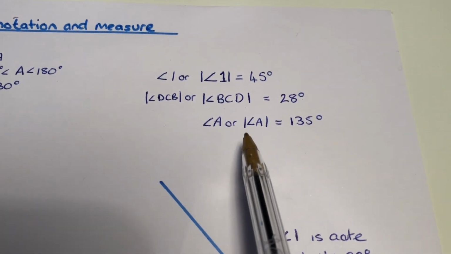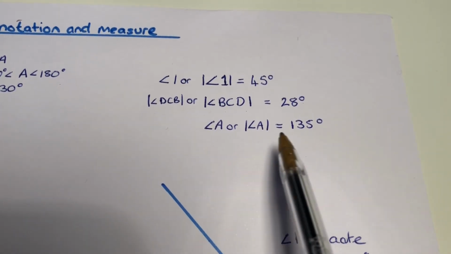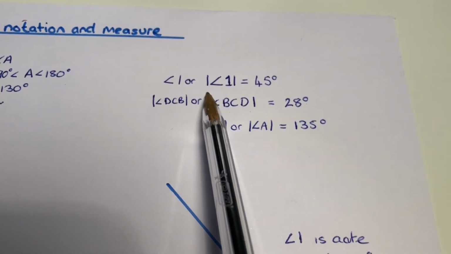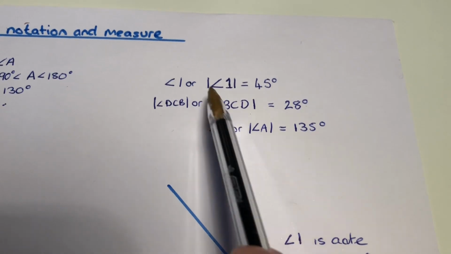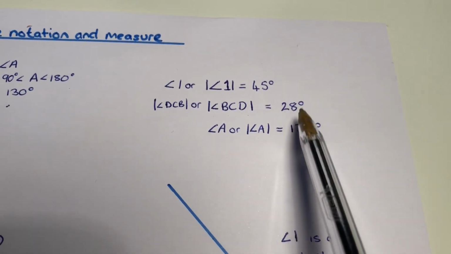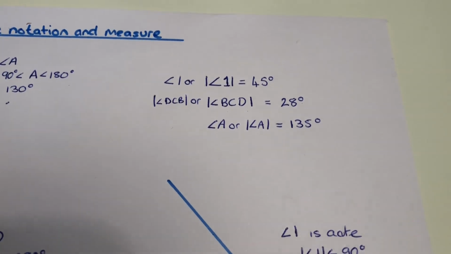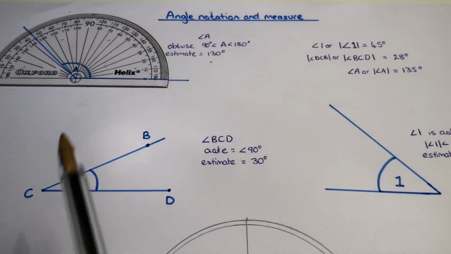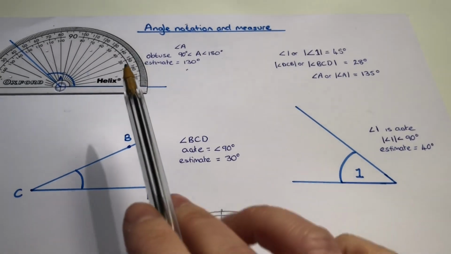And the measure of angle A is 135 degrees. Now it's just as important that we write these notations as part of our answer, not just the measurement 45 degrees. So that's it. You've learned how to use a protractor to measure our angles, and you've learned how to notate them carefully.